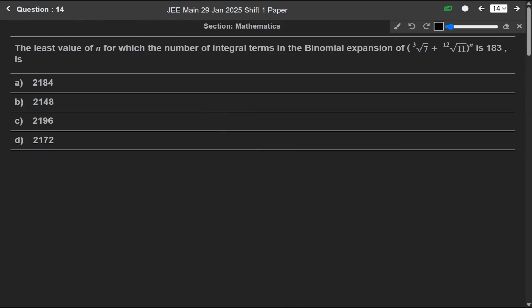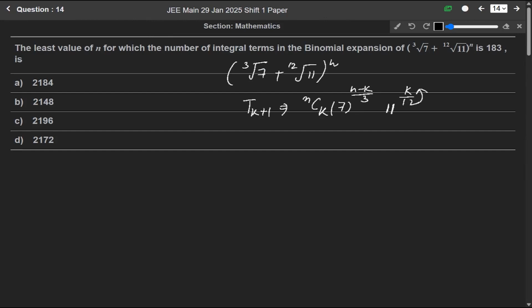Now next, question 14. The least value of n for which the number of integral terms in the binomial expansion is 183. We are given the binomial expansion of 7 to the power 1 over 3 plus 11 to the power 1 over 12. If we take T(k+1), it will be nCk, 7 to the power (n minus k) over 3 and 11 to the power k over 12. 12 must divide k and 3 must divide n minus k for the integer terms.